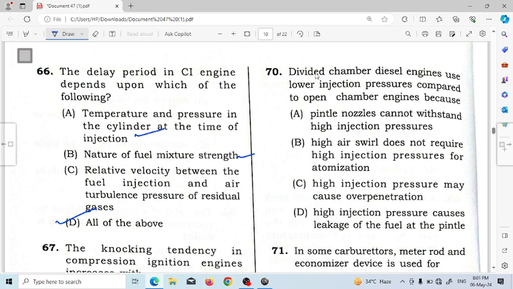Next, question number 70. Divided chamber diesel engines use lower injection pressure compared to open chamber diesel engines because high air swirl does not require high injection pressure for atomization. Option B is the correct answer.